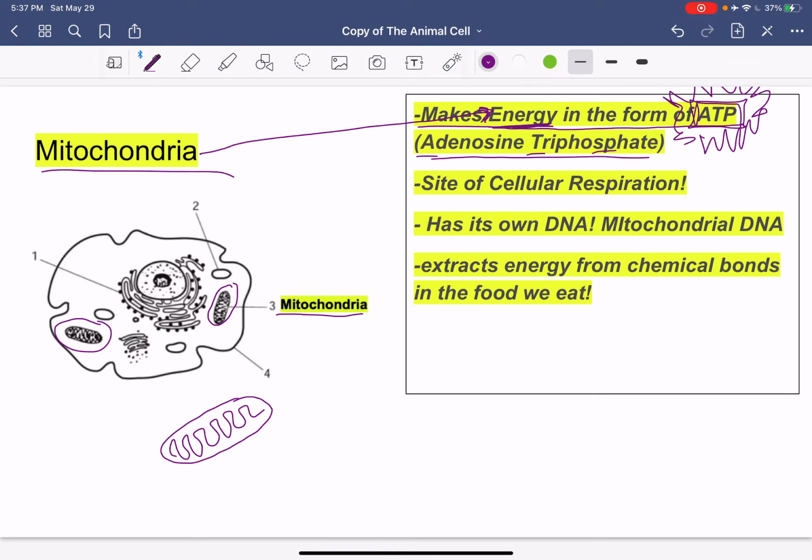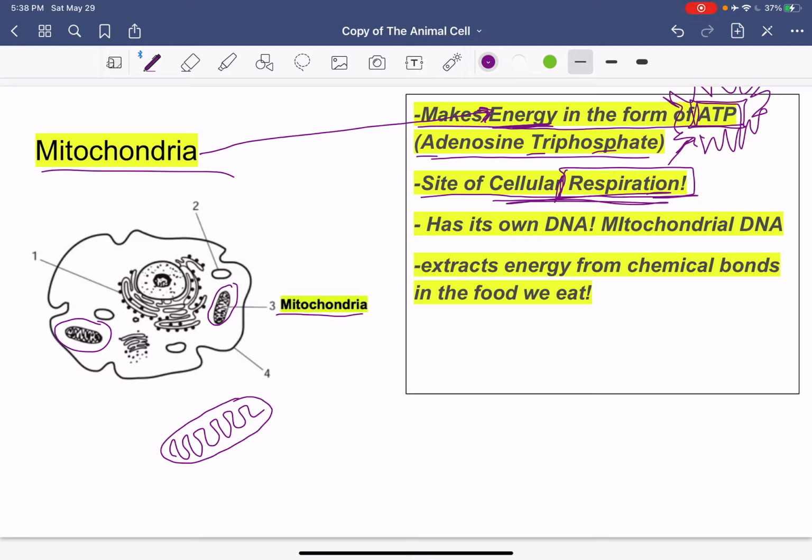Okay, I am now using a bunch of ATP energy because I am alive and I am making this video for you. My cells are constantly making ATP. It's also the site of cellular respiration. So when the mitochondria make that ATP, that process is called cellular respiration. It's also sometimes just called respiration.